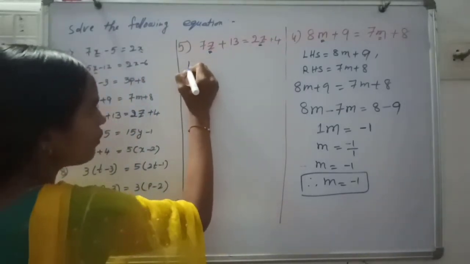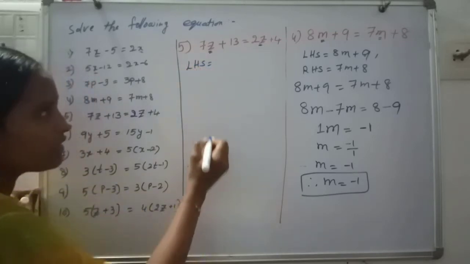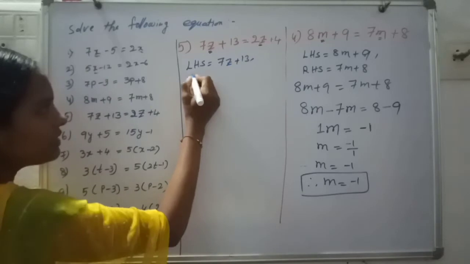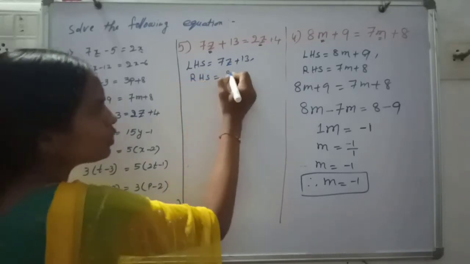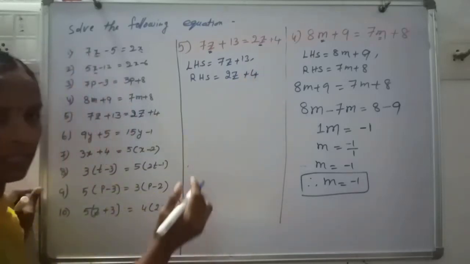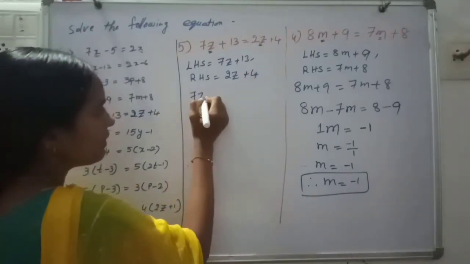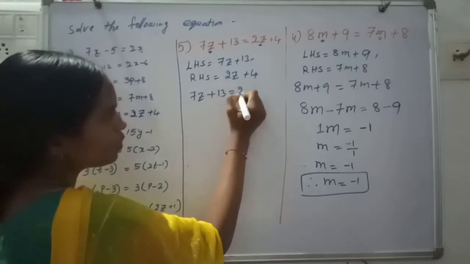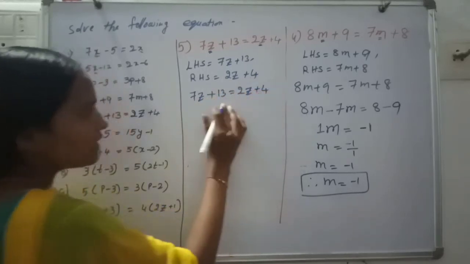Okay, now let's see what is this LHS. LHS side 7z plus 13 and RHS side what is this value? 2z plus 4. Okay, now let's see here. I am writing here the given value again: 7z plus 13 equal to 2z plus 4. It is the given value.